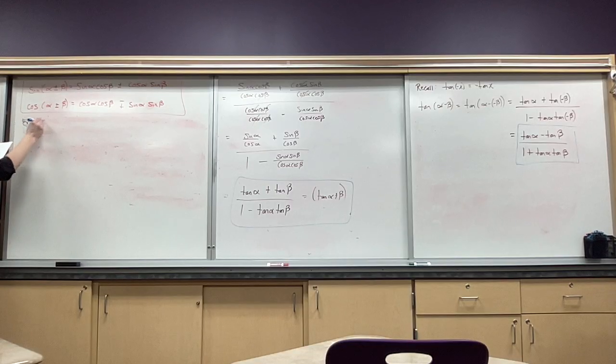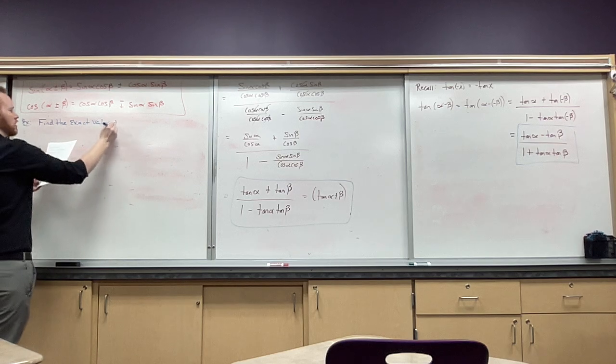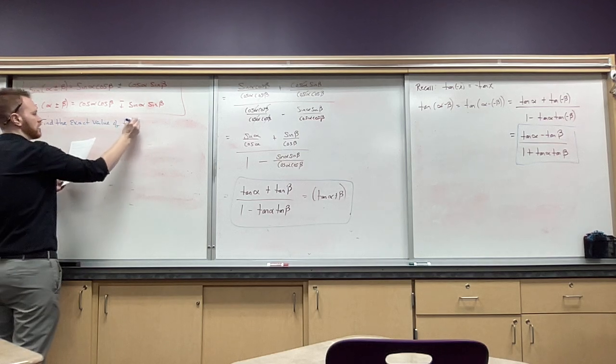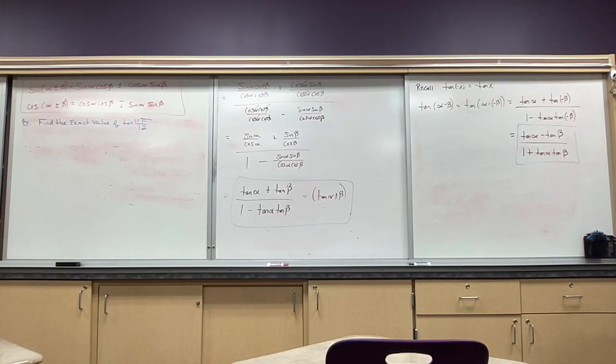So example, find the exact value of tangent 11 pi over 12. And one of the examples we did yesterday, that process I'm going to follow for tangent as well. So I'm going to break up 11 pi over 12 into two angles that add to give me that, but also give me those special angles that's on the unit circle, okay?